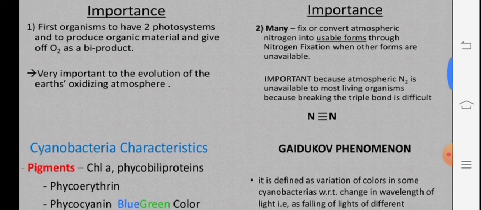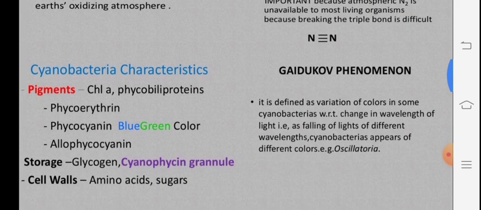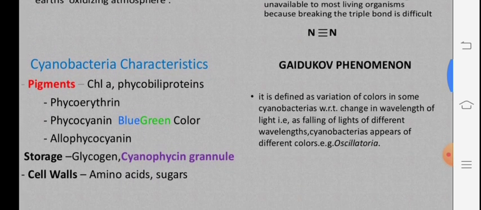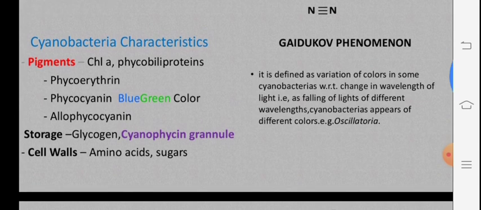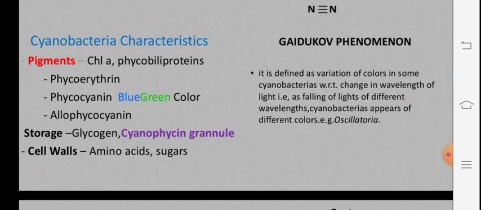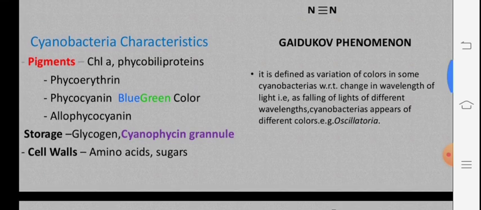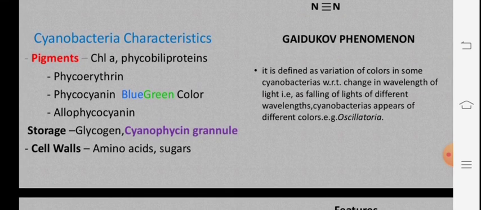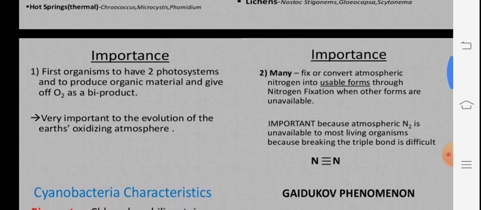As cyanobacteria, they show characteristics like different pigments: chlorophyll a, phycobiliproteins, phycoerythrin, phycocyanin, with the blue-green color due to phycocyanin, then allophycocyanin. The storage food is glycogen and cyanophycin granules. The cell wall is made up of amino acids and sugars.